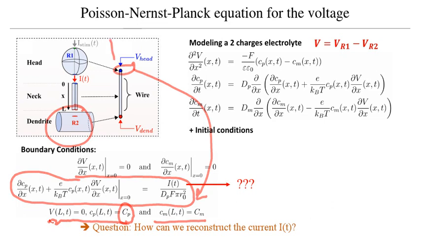So we inject a current. It is important to notice here that the current is not the synaptic current. It is the current that is flowing from the head to the neck, which can be different from the synaptic current. And finally, we impose this boundary condition for the voltage at the entrance, dV/dx equals 0, and no flux of negative charges.